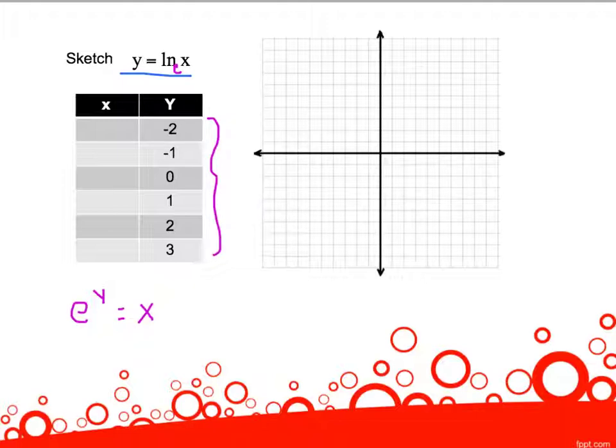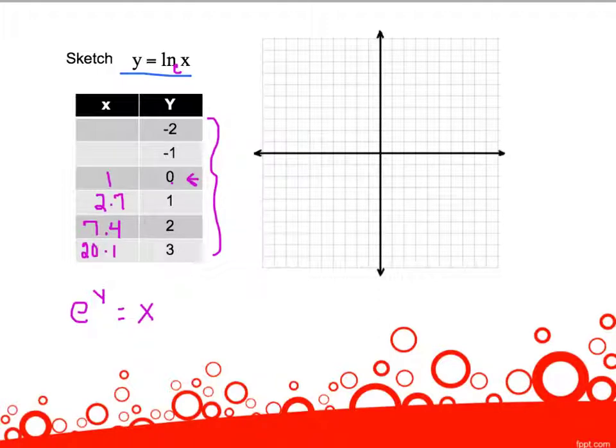So we'll start with 0 first because that's the easiest one. E to the 0 would be 1. E to the 1 would be e, which we know is 2.7. E to the second, you can use your calculator and get that e squared is 7.4. We'll just round to the tenth. E cubed is 20.1.